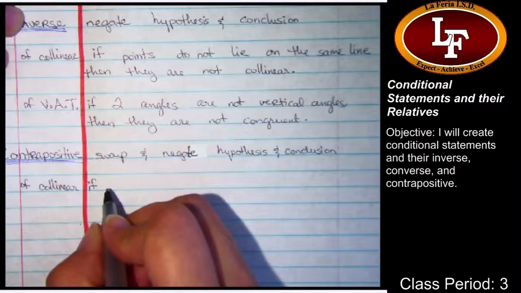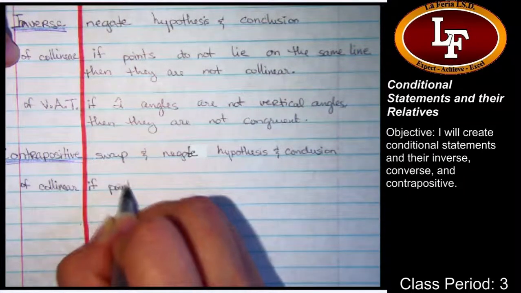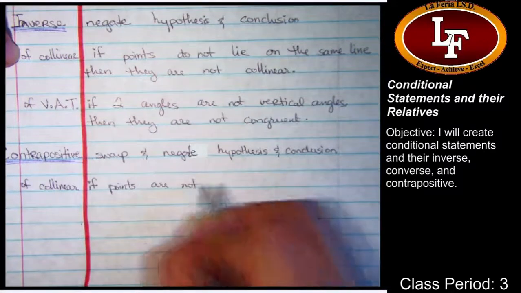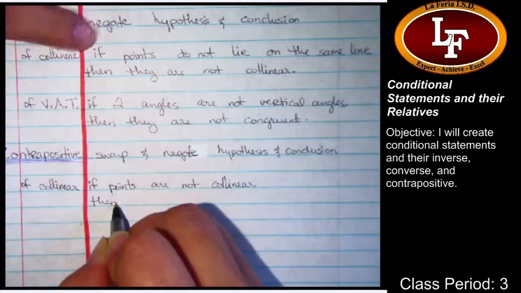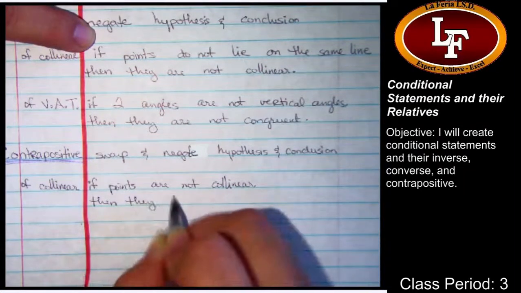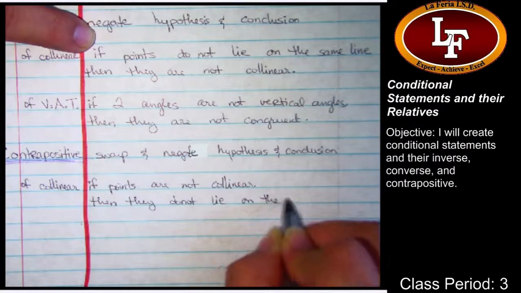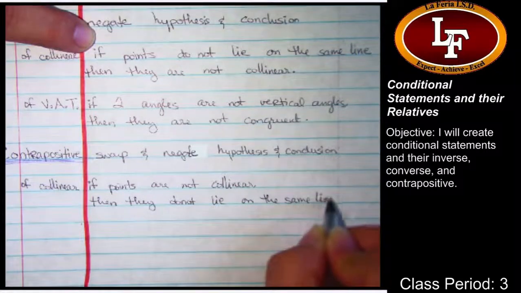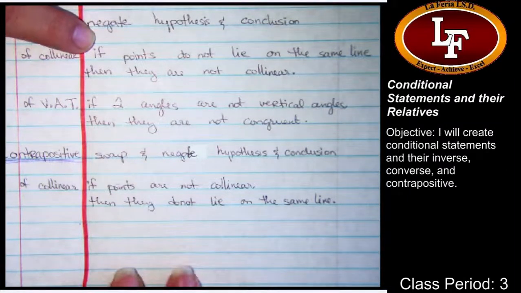The hypothesis here on this inverse says if points are not collinear, then they do not lie on the same line. See how we did that? We took the inverse statement and we swapped the hypothesis and the conclusion.